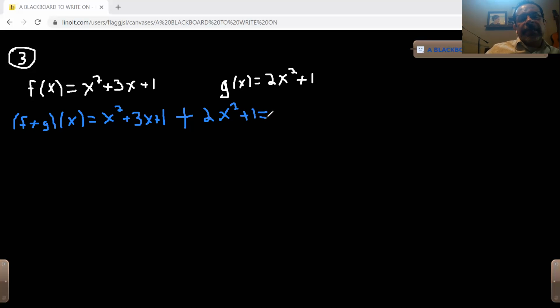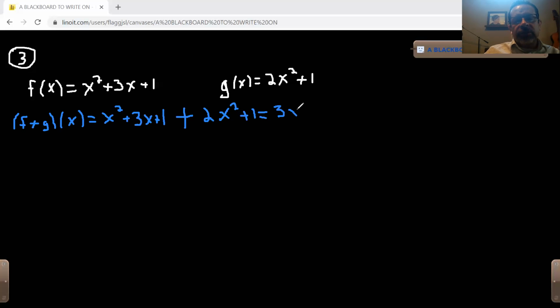Now, for these examples, I'm not going to ask you to completely simplify the expression, but I am going to ask you to do some simplification. So leave it with an expression that doesn't have terms that can still be added. So what we do here is x squared plus 2x squared is 3x squared.